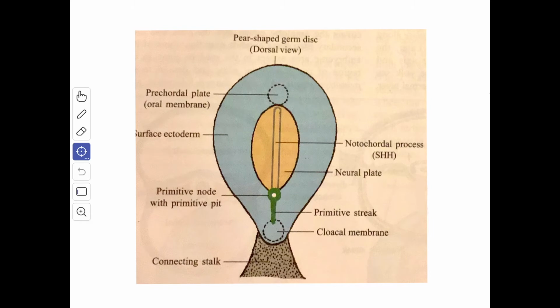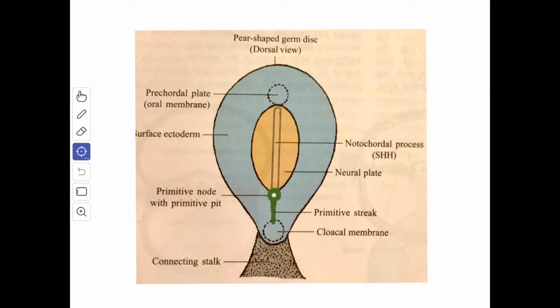In this picture, the green one is the primitive streak, a modification of the pluripotent cells in the caudal end of the germ disc in the median plane. The primitive streak appears at about the 15th day of development, and it is characterized by a narrow median groove and slightly raised lateral margins.